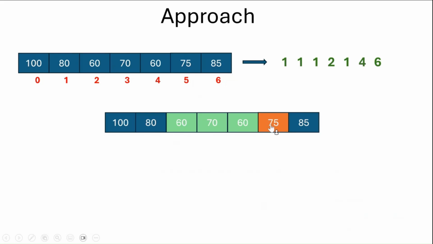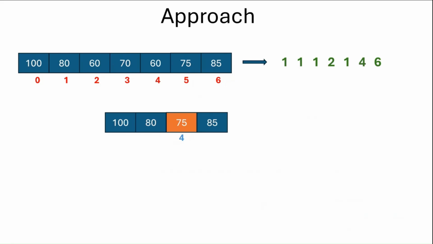So if we can store this information, let's say 4, for the stock price 75 we saw 4 days where the stock price is less than or equal to 75. Then we don't need to keep track of these days, because that count we have already kept here. So we can remove them.